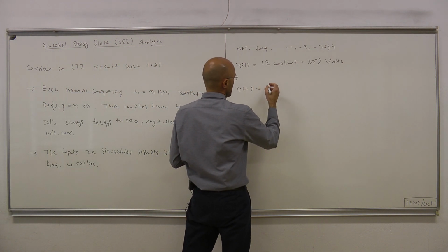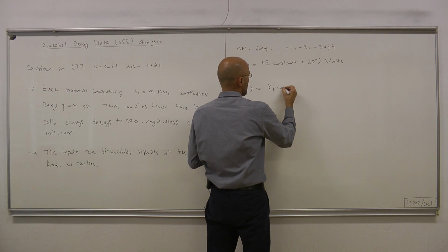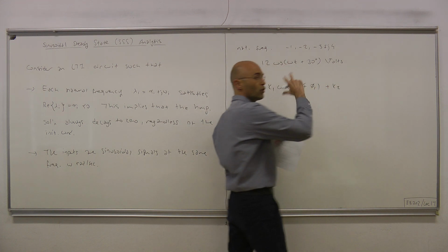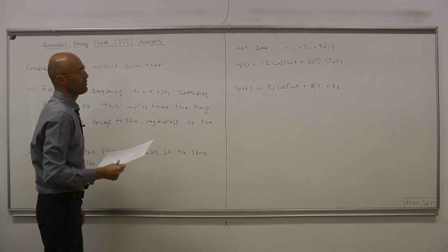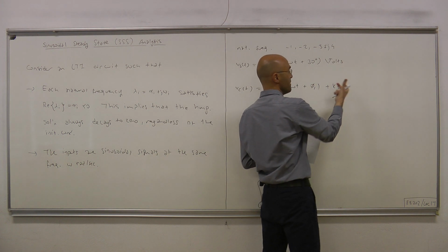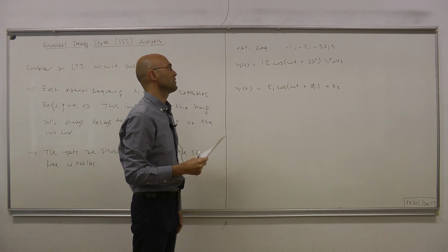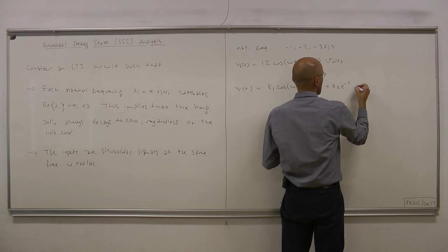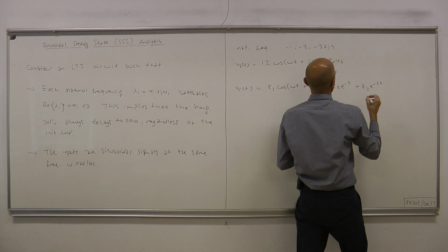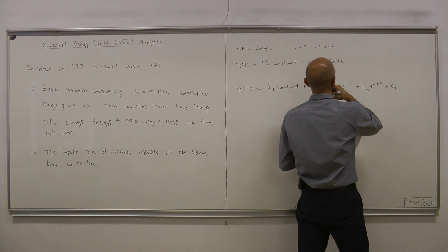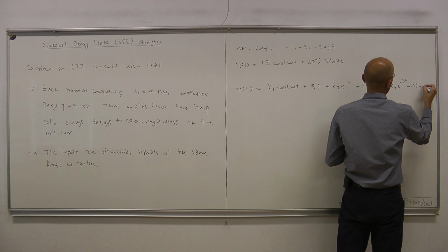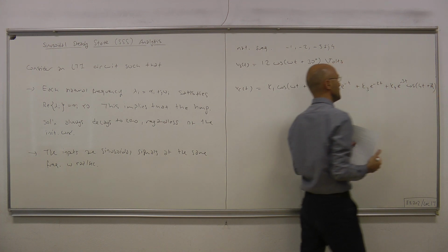We're going to have, let's say, K1 cosine omega t plus phi 1 plus the terms associated to the natural frequencies, the modes of the circuit. We have 4 natural frequencies, so those manifest themselves in our solution as K2 e to the minus t, K3 e to the minus 2t, and plus K4, let's say, e to the minus 3t cosine 4t plus phi 4, let's say.